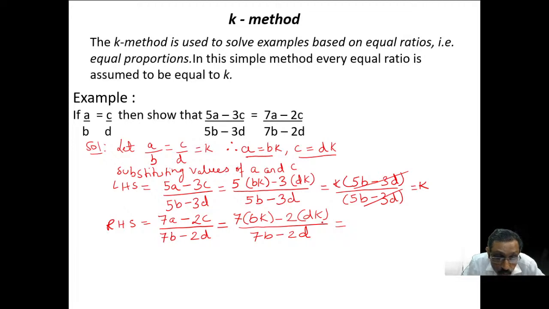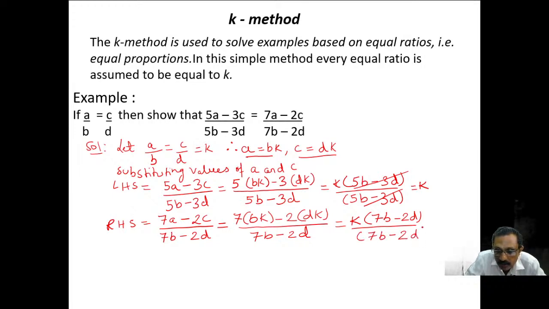7BK minus 2DK. What can be removed common here? Can I remove this K common over here? Yeah. So this K, what will I get? I get 7B minus 2D upon 7B minus 2D.